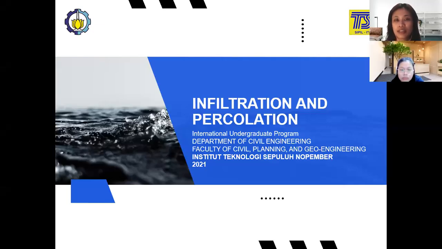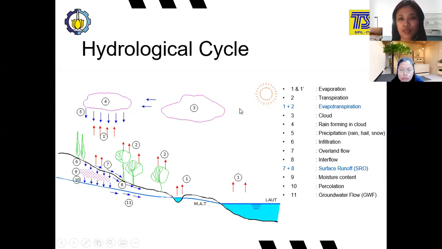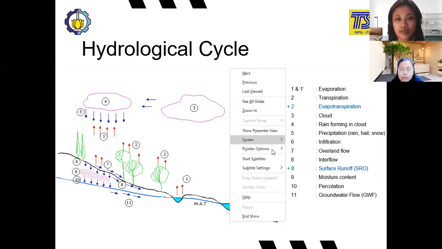Okay, so the infiltration and percolation, I think you already heard about this when we talked about the hydrological cycle in our previous meeting. Here we have the hydrological cycle. I already showed you this cycle before.